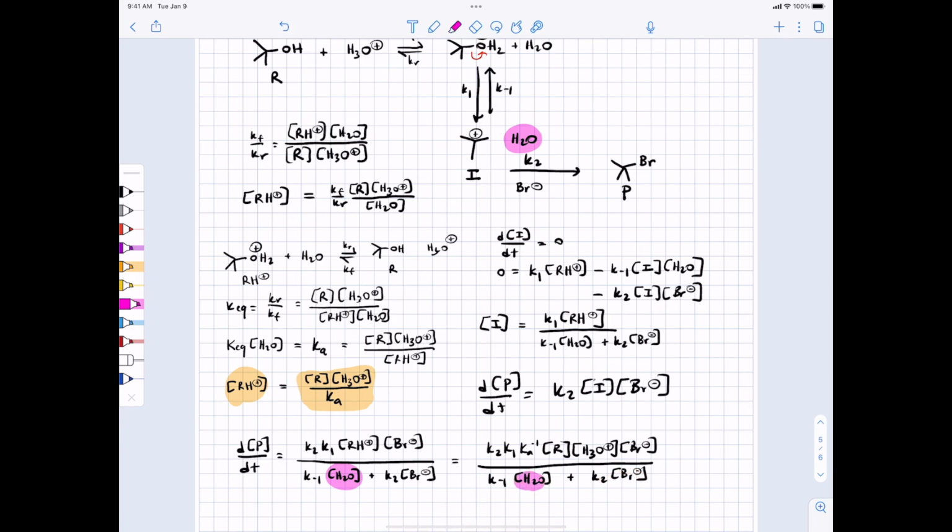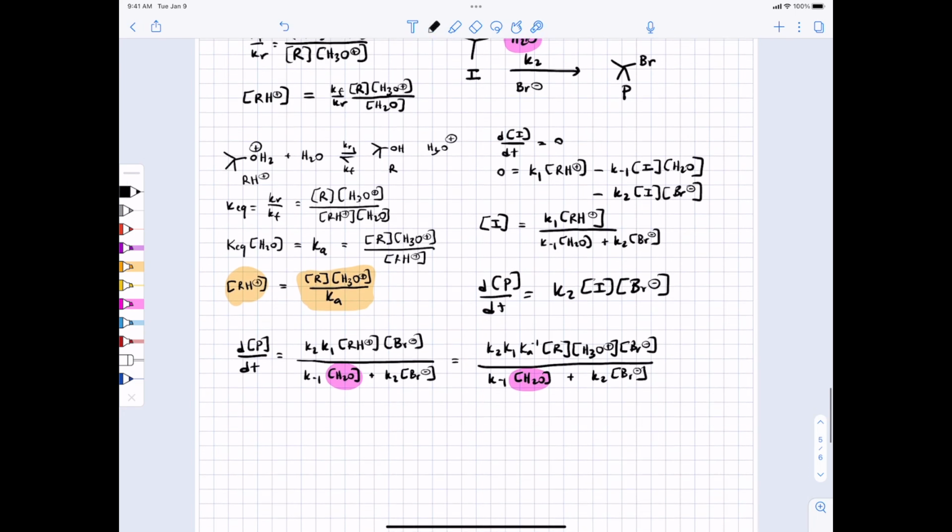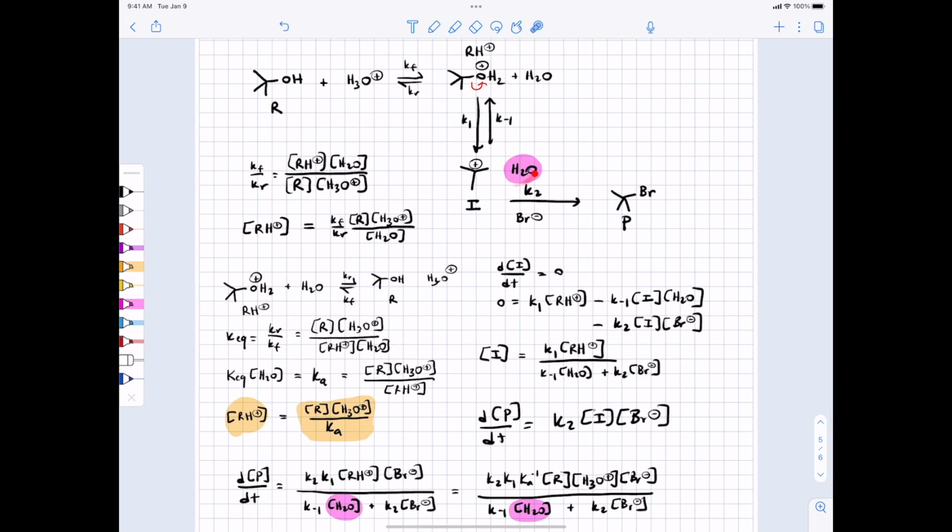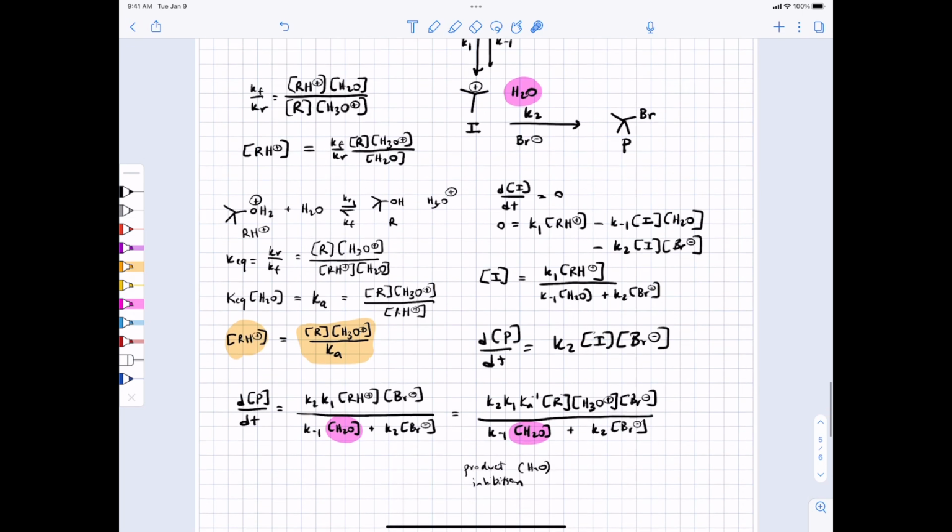The reaction will be first order in alcohol, H3O plus and Br minus, and be inverse first order in water concentration. So we expect to see product, that is H2O, inhibition. And again, this makes sense. If we have large amounts of water, that should push the reaction backwards this way.